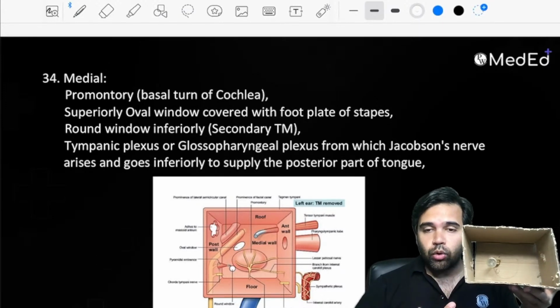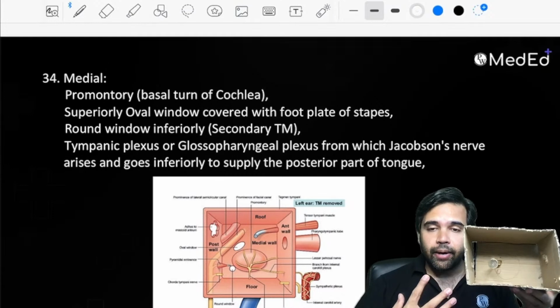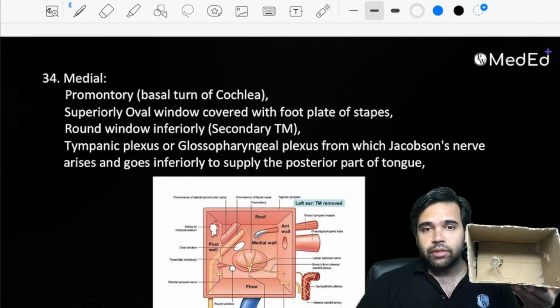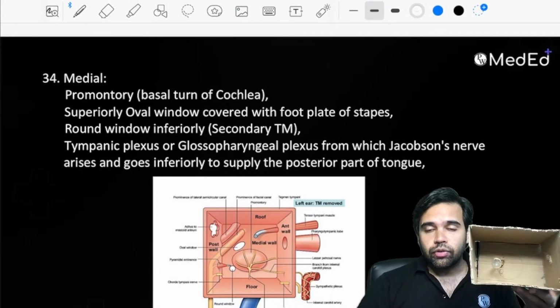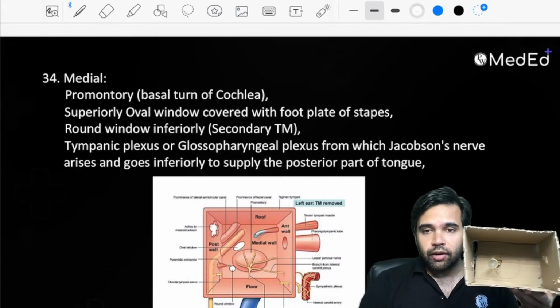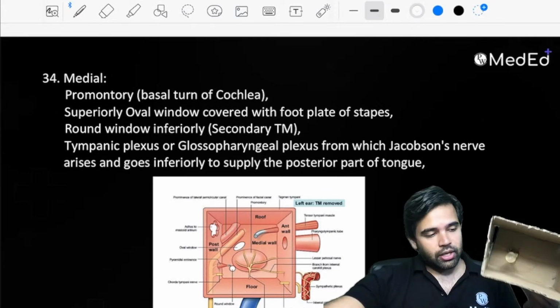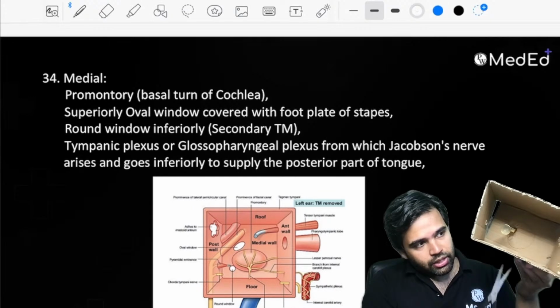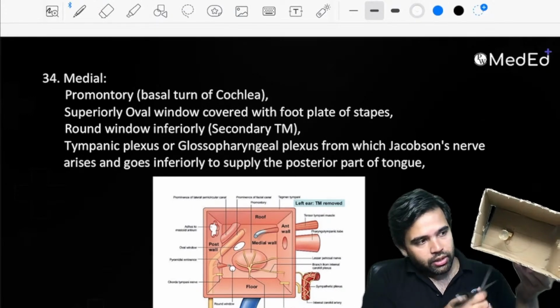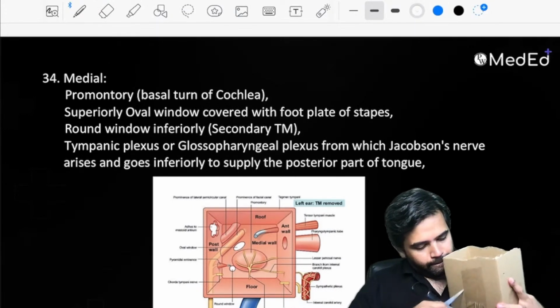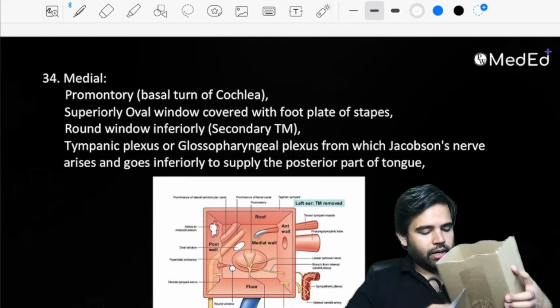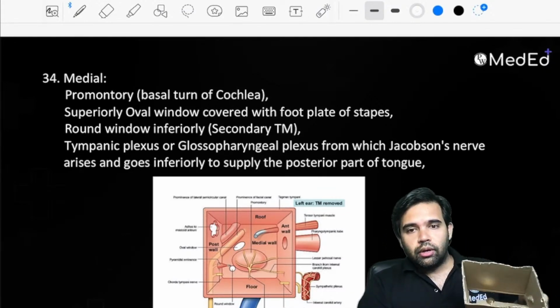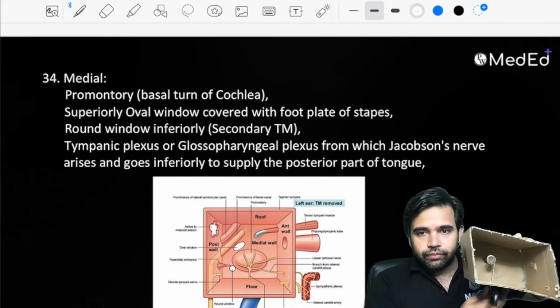So the round window and oval window are here, and then the promontory and the Jacobson's nerve plexus, which is the glossopharyngeal nerve plexus that forms the Jacobson's nerve, which goes inferiorly. Okay, so the Jacobson's nerve goes downward, right, you can see.